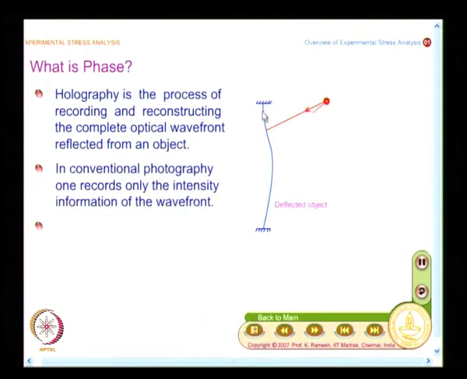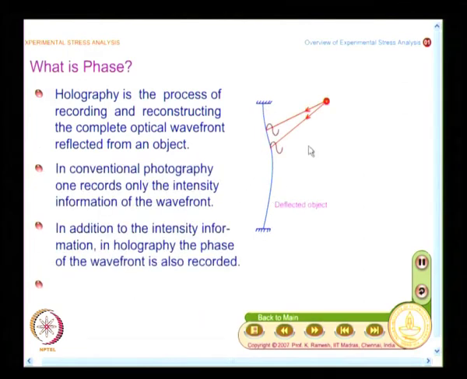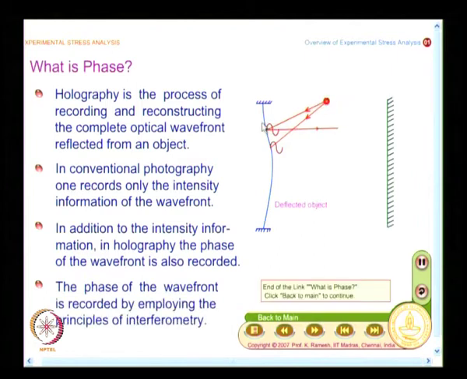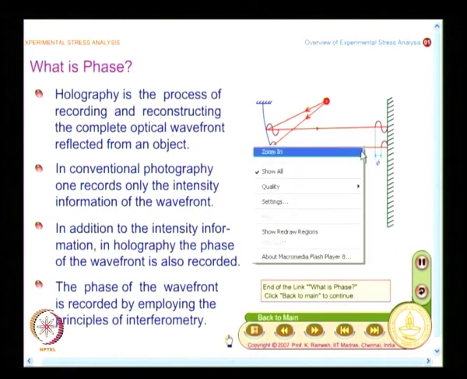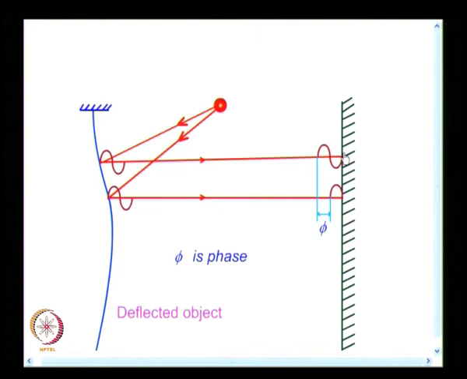I have a deformed object here, and light impinges on it and reaches the model. I would like you to have a fairly neat sketch of this, because this gives you in a nutshell an understanding of what is phase.